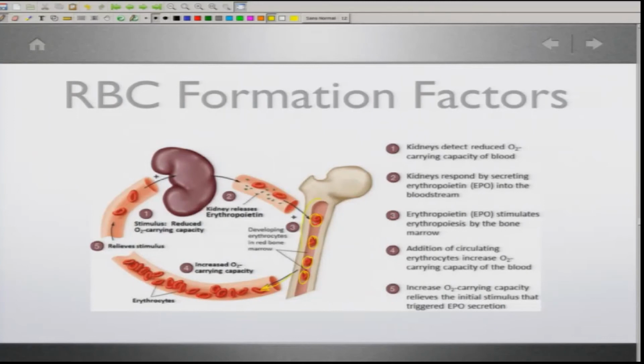So, the whole factory is sitting in your bone marrow, and this EPO is an interesting molecule which is being used by several sportsmen. It is used as a drug for performance enhancement. As a matter of fact, one of the famous cyclists used this.